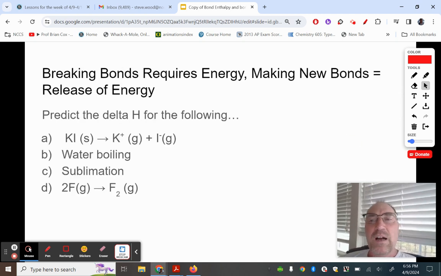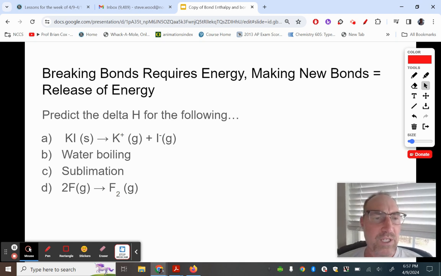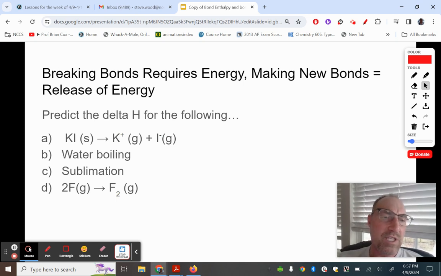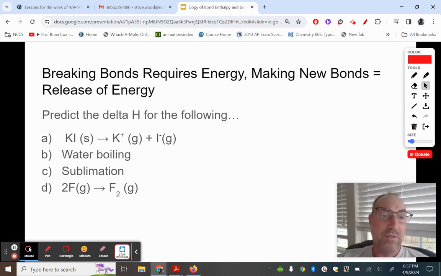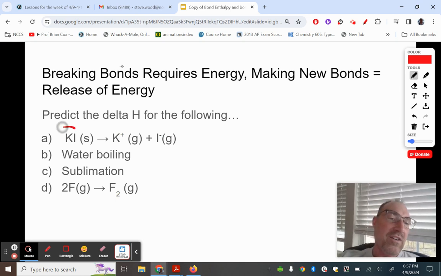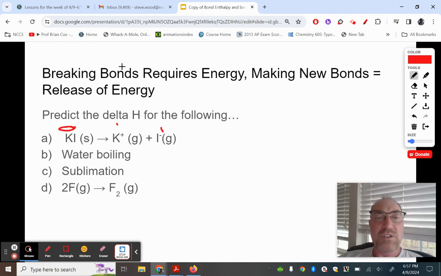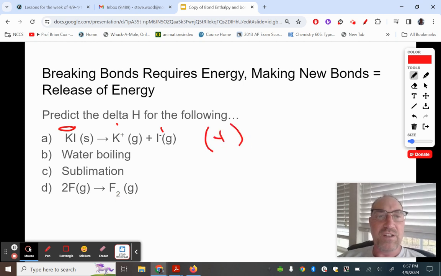Now, you have to look at something and determine if bonds are being broken here. So in this case, do you see how this would be the lattice enthalpy or lattice energy, that KI is broken apart into K plus and I minus? So this would definitely take energy.